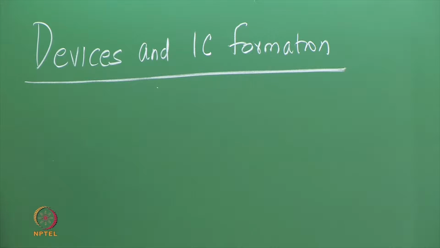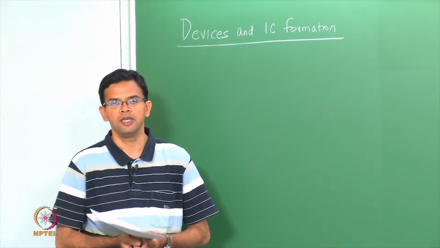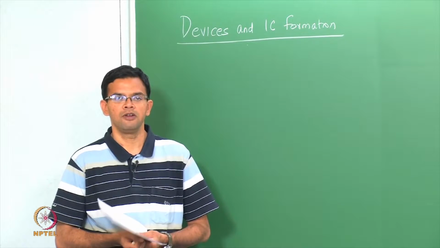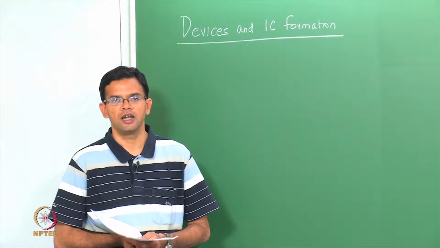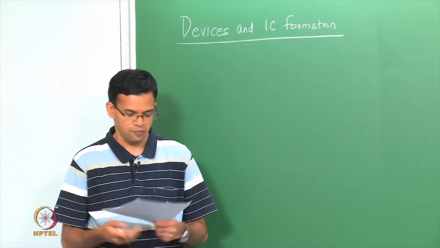We will not talk completely about the integrated circuit architecture, because that by itself would be a complete course, but we will look at some of the elements of the architecture and also how the various devices play a role.